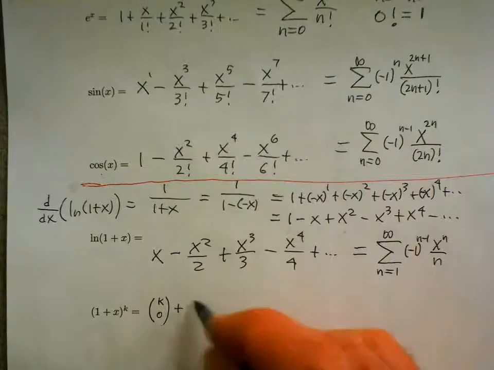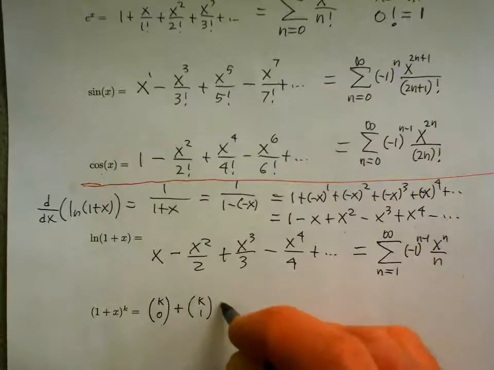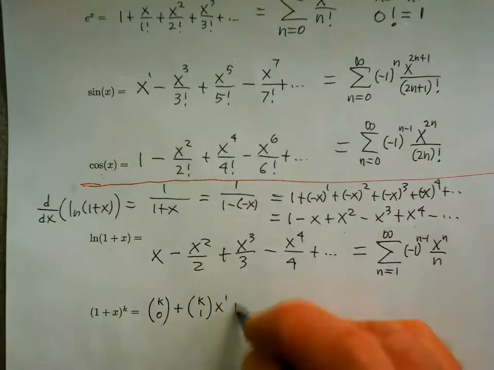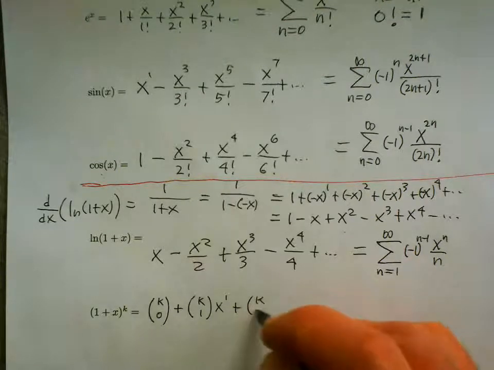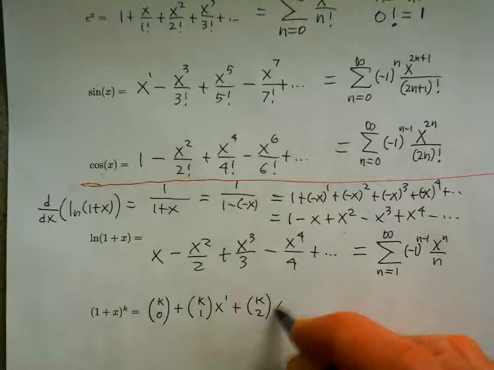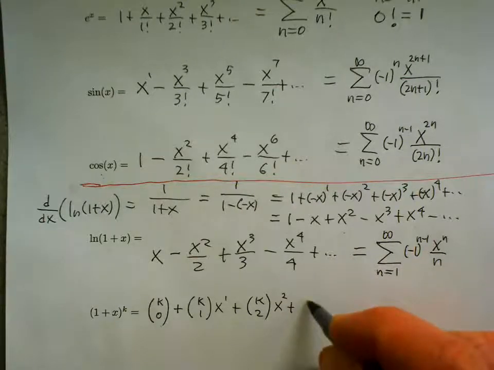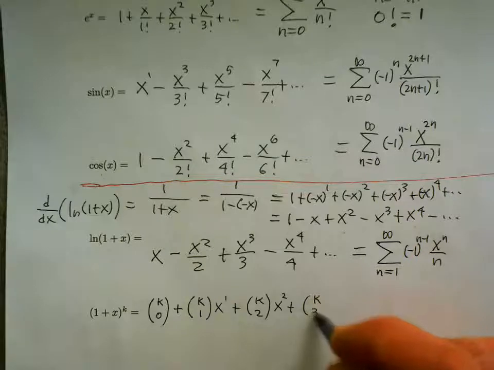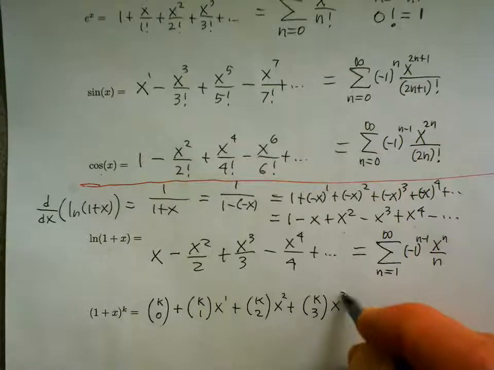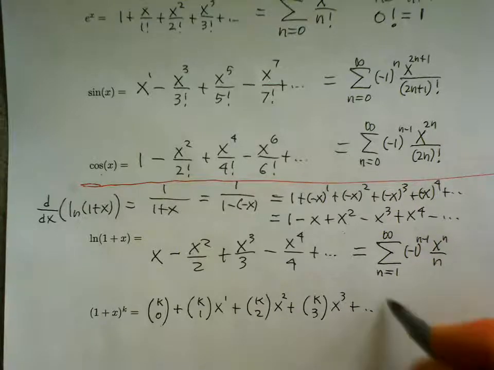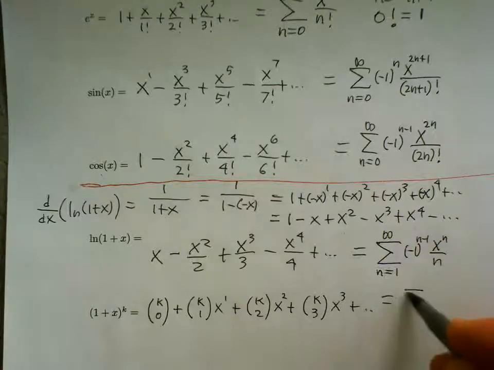And then it's k choose 1 times x to the first, and plus k choose 2 times x to the second, and so on. So in sigma notation, it can be written this way.